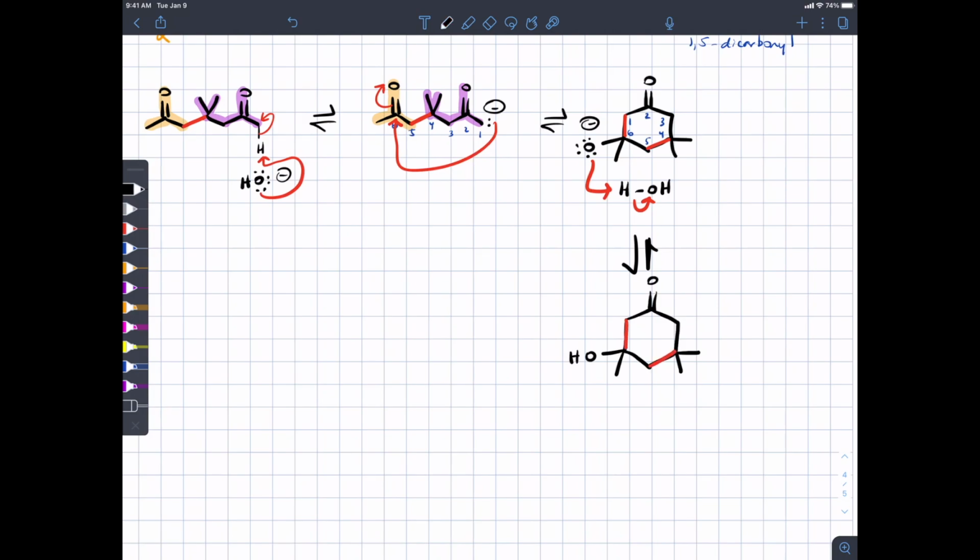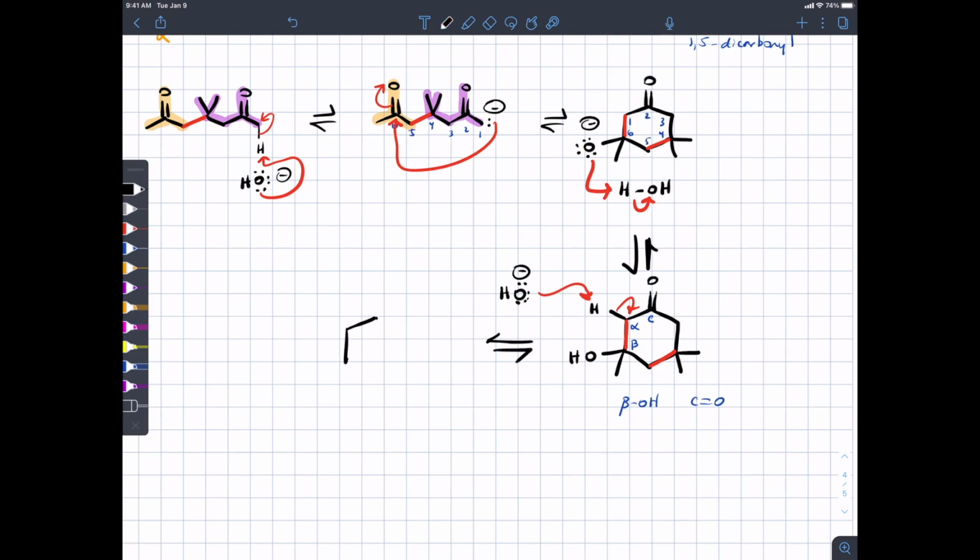And then to get to our final product, we're going to do that elimination reaction at the end of the aldol. This is a beta hydroxycarbonyl compound. We'll have OH- remove this proton that's alpha to the carbonyl and adjacent to the hydroxide.